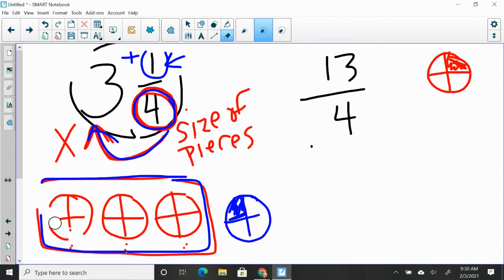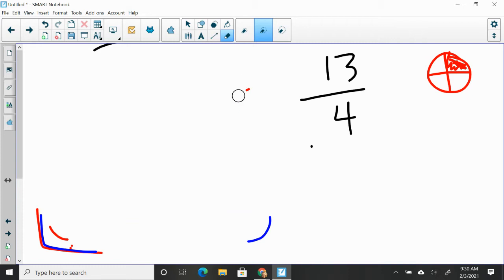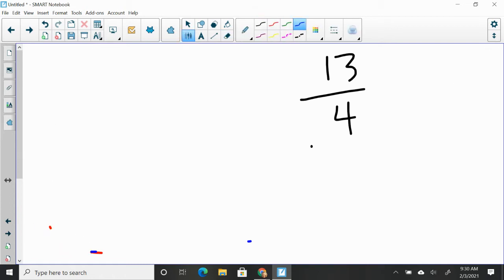So I'm going to erase this, and we are going to do that again. So I've got 3 and 1/4. Okay. So I'm going to take my denominator and multiply that by my whole number, which is going to give me 12.